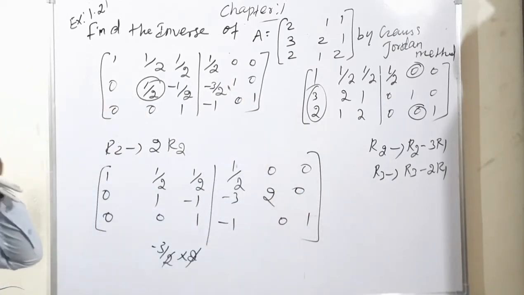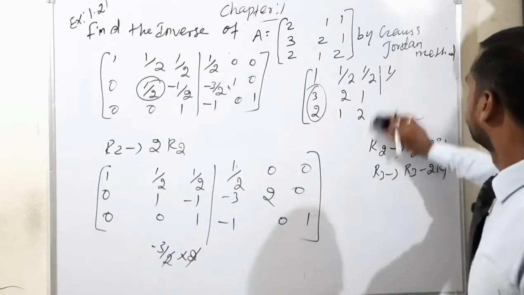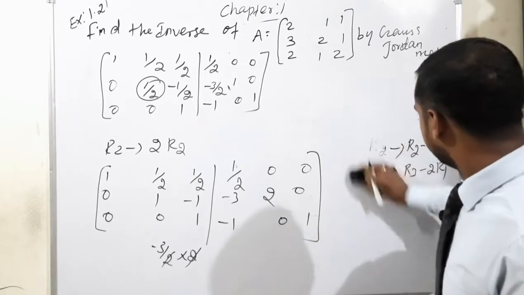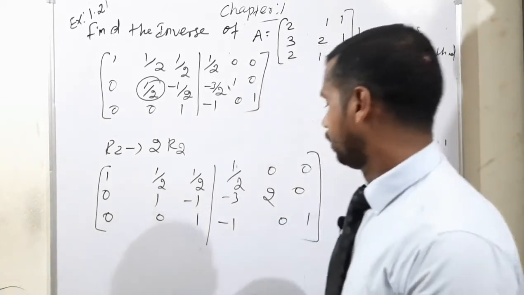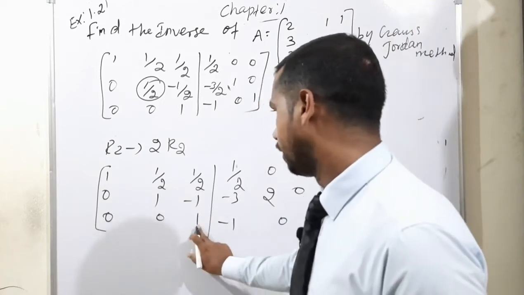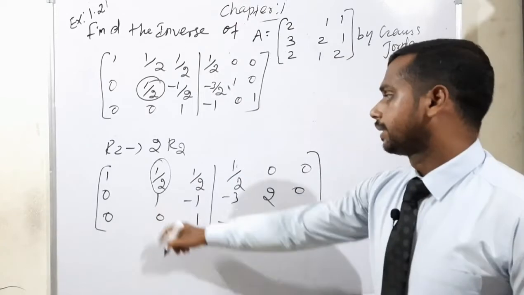So next one. Here also 1 is there, so here we have to show 0. What we have to do? Look at there, the center term 1 is there, isn't it?